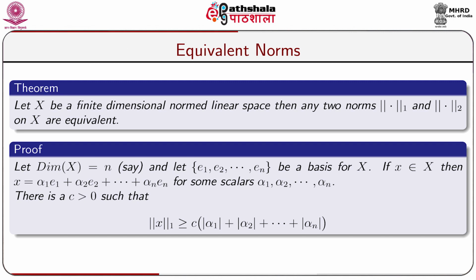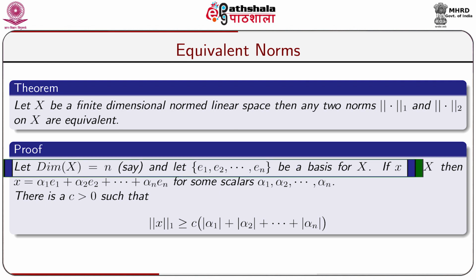Now, we shall give a theorem. Let X be a finite dimensional normed linear space, then any two norms, norm 1 and norm 2 on X, are equivalent. The proof goes below. Let the dimension of X be equal to n, say.